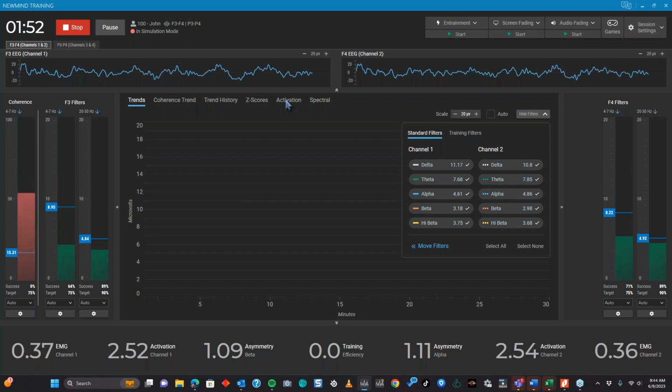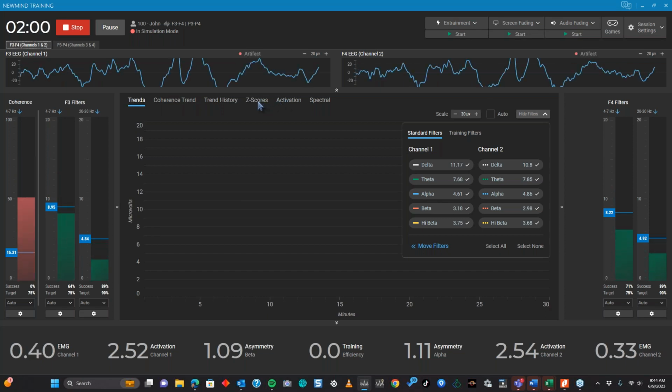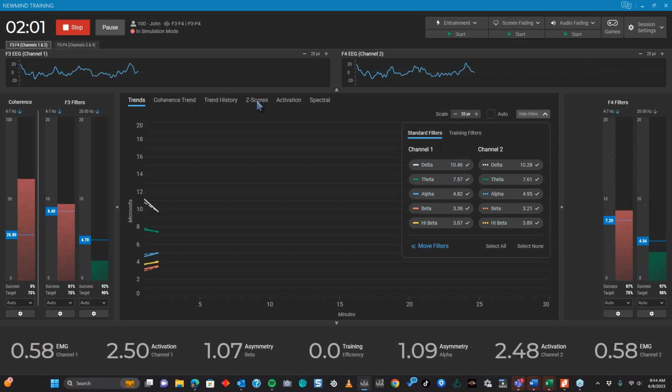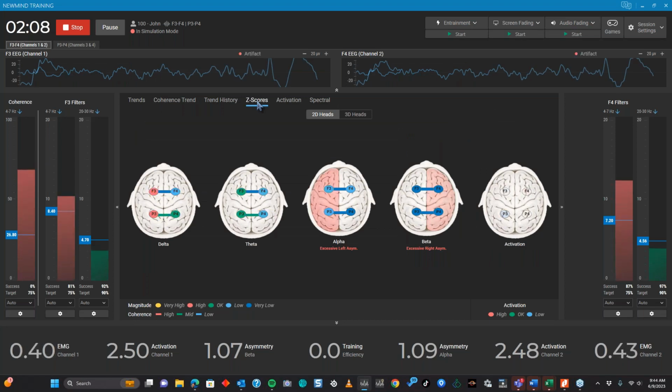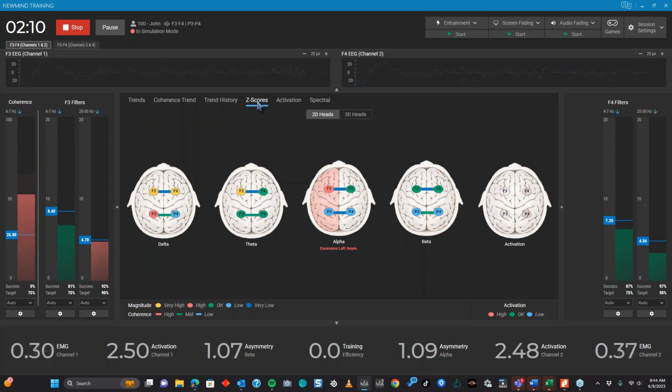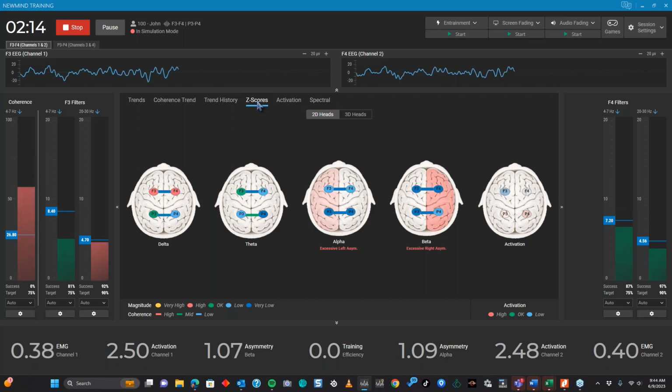Now, one thing I want to mention to everybody about these z-score screens, and this is something I just learned about 6 weeks ago from our developer, is that when you load up a training plan and you start training your client, the z-scores are not loaded up until you actually click on that option.